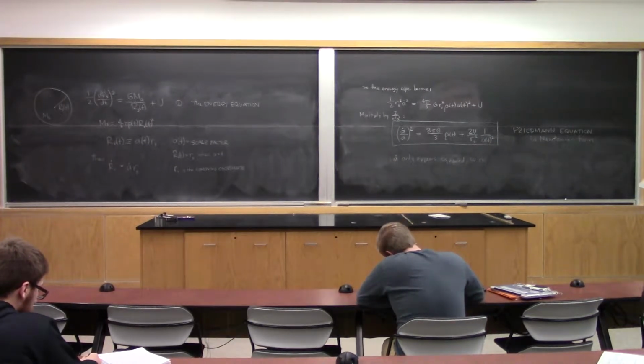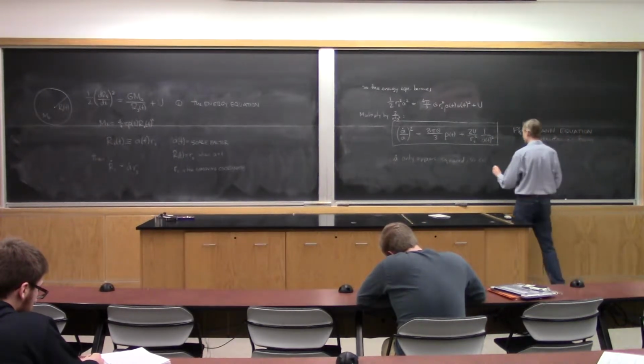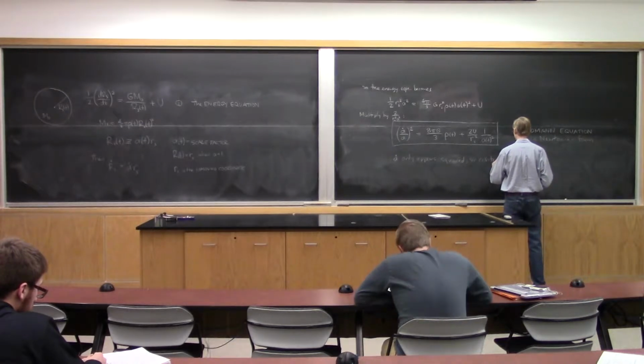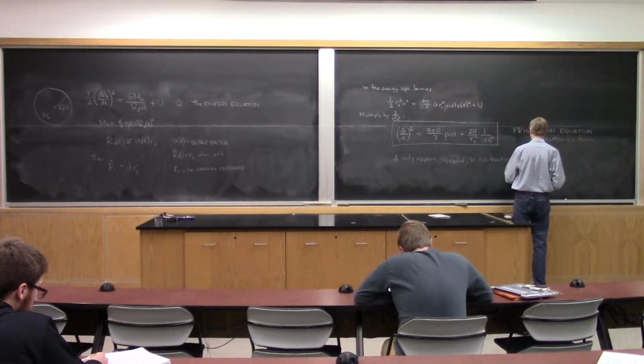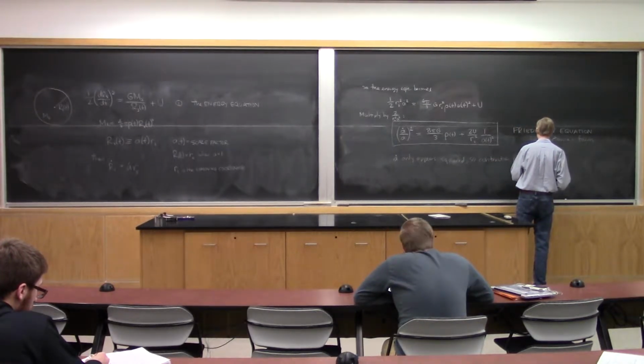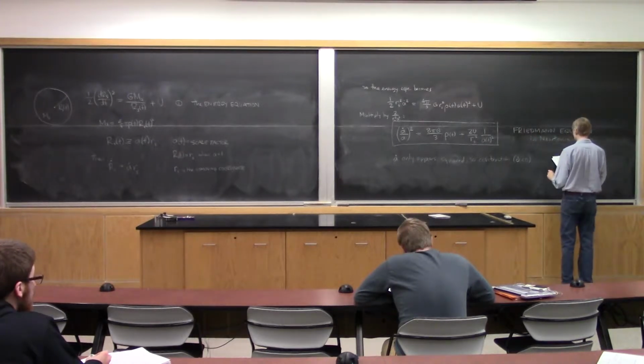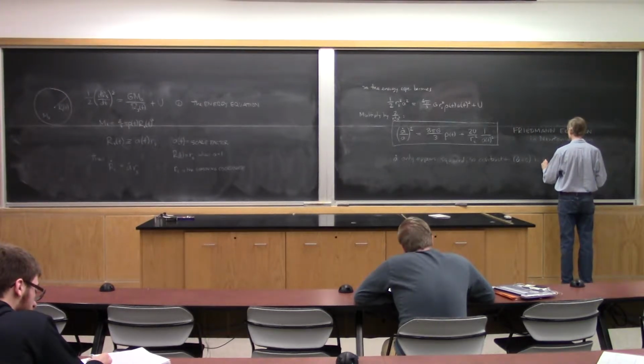So a dot only appears squared, so contraction, a dot being less than 0, is just the time reversal of expansion.